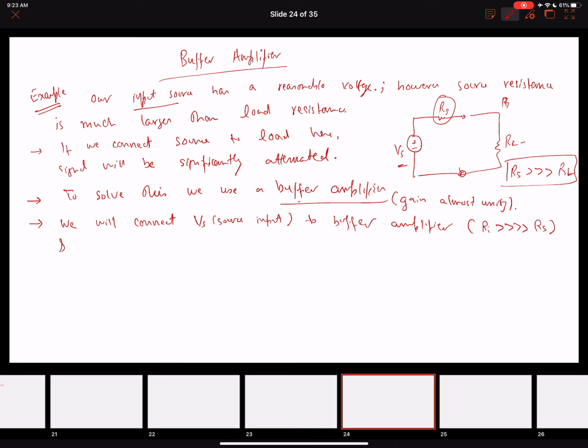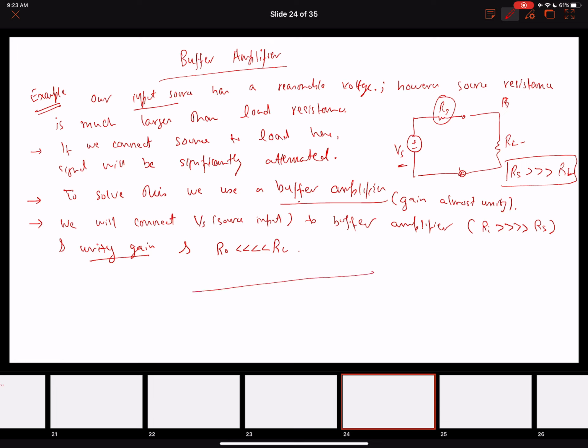And with unity gain, since we don't need a voltage amplification because our value of Vs is sufficiently okay, and our output resistance is much smaller than the load resistance, this will ensure that our Vs will be available at the load resistance without signal attenuation.